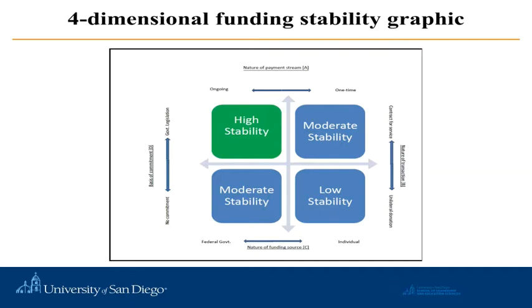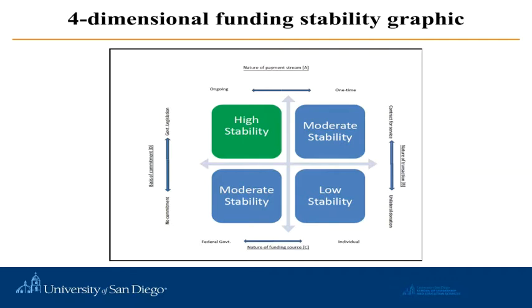Then we can come down on the right side where we talk about the nature of the transaction. Is it a contract for service, which many of what people call grants are, or is it really just a unilateral donation? Somebody's just giving the organization money to do what the organization sees fit to do. The contract for service is more stable than somebody making a unilateral donation.